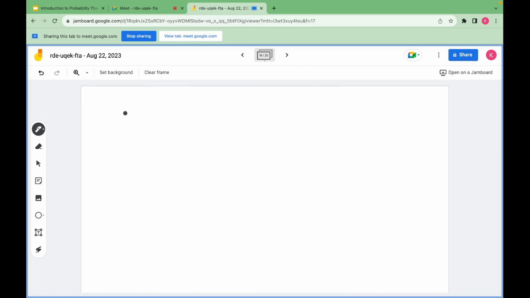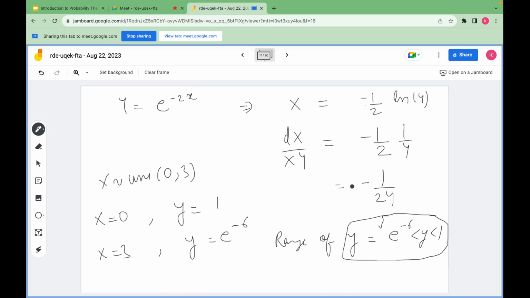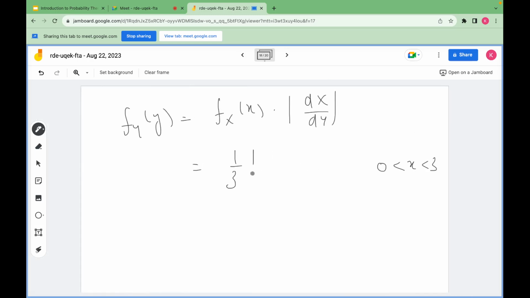So now again f_Y will be nothing but f_X into dx by dy. So this is 1 by 3 when x varies from 0 to 3, into dx by dy, which is minus 1 upon 2y. There is a mod, so this negative sign will cancel out.